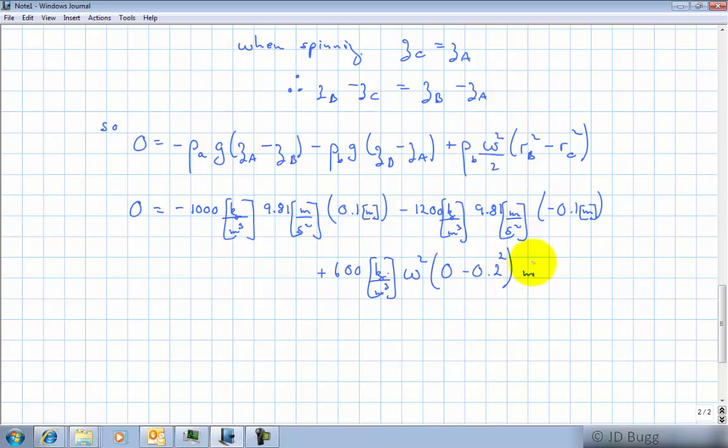So that will be meters squared, the R squared. So we solve for this omega, and the number you get is 2.859, and of course that will be in radians per second. And if we divide that by 2 pi, we would get revolutions per second, and multiply by 60, we get 27.3 revolutions per minute. So omega is 27.3 RPM.